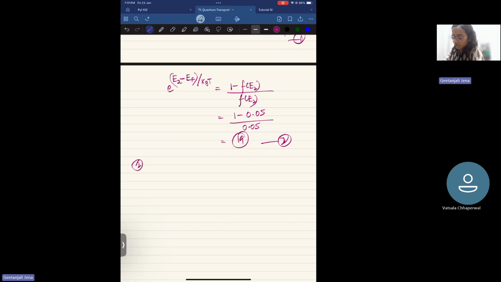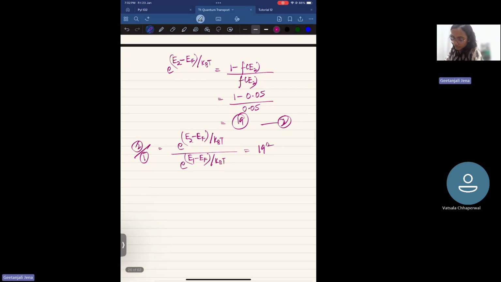When we divide, it will be e to power (E2 minus EF) by KBT over e to power (E1 minus EF) by KBT, and this will be 19 squared. So the left-hand side is e to power (E2 minus E1) by KBT, equal to 19 squared.